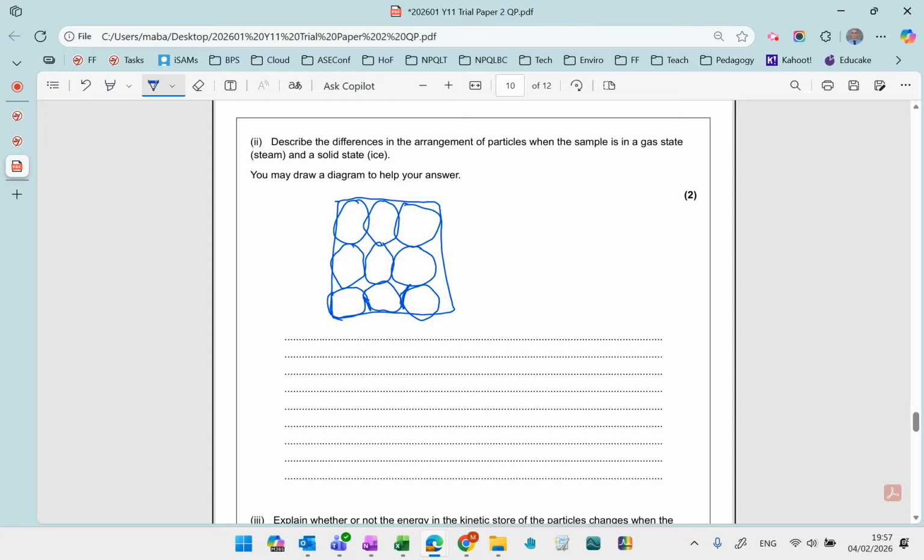Okay, and it's important that I label up this diagram. If you don't label the diagrams, the examiner doesn't know which way around they are, and you don't get any marks for it. And then for steam, okay, then well, there you go. That's probably enough particles for the gaseous phase.